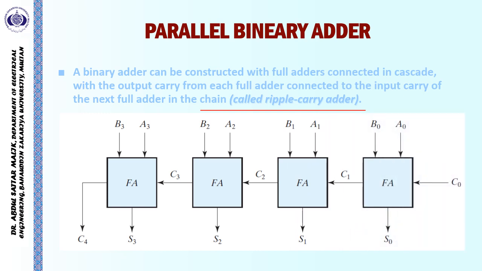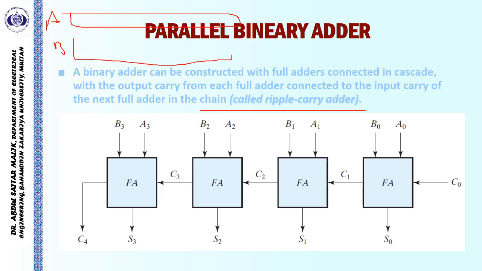In this block diagram, we have taken 4 full adders, and let's suppose we have two 4-bit binary numbers A and B, with A as A0, A1, A2 and A3, and B as B0, B1 up to B3.